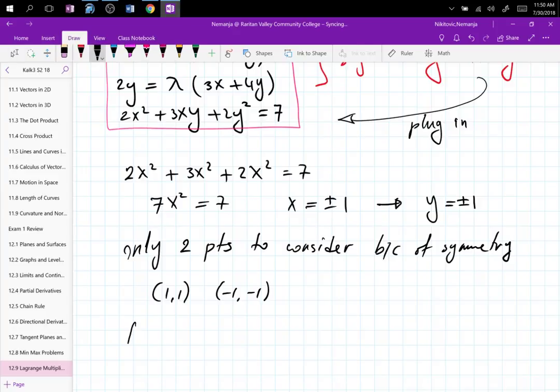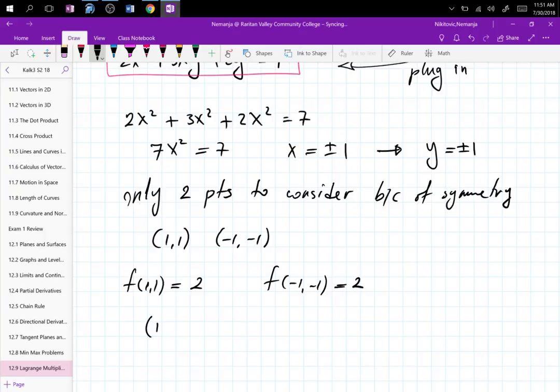So f of 1, 1 is going to be 2, and f of negative 1, negative 1 is going to be 2. So these are our max or min. Well, we have to figure out what these are. And there are ways in which you can figure this out.